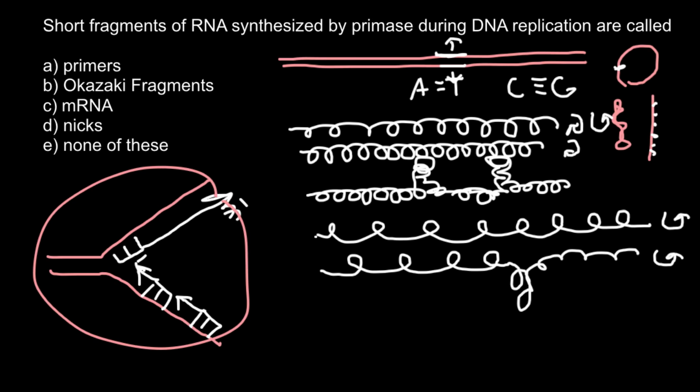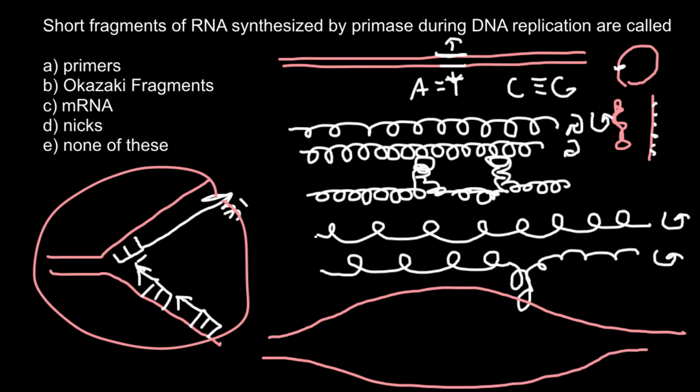But in order to see the whole picture, we have to talk about the replication bubble. And now we would be able to see the whole picture. So imagine that somewhere here we had an origin of replication, our two strands separated, and here we have a primer.